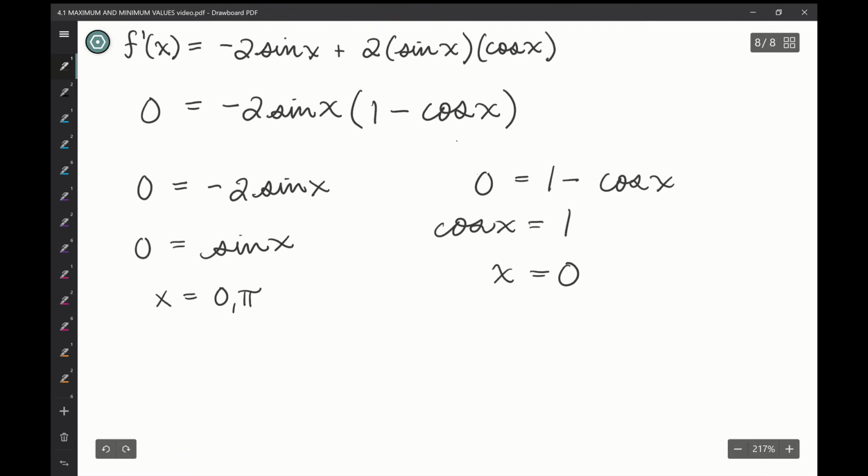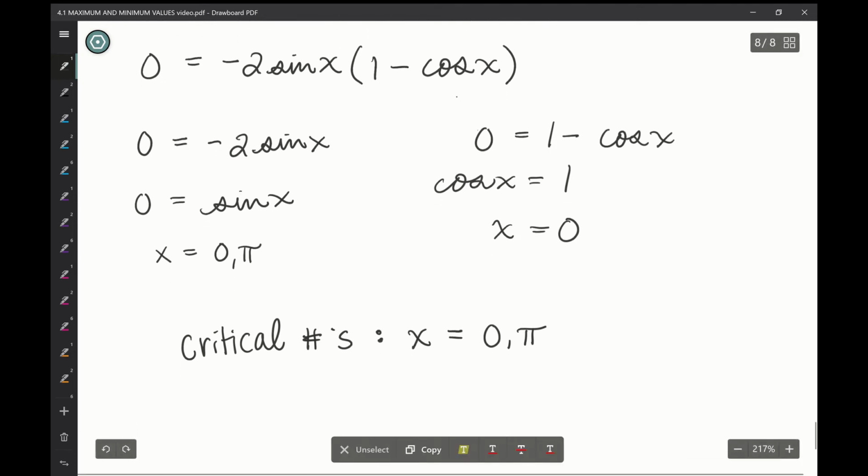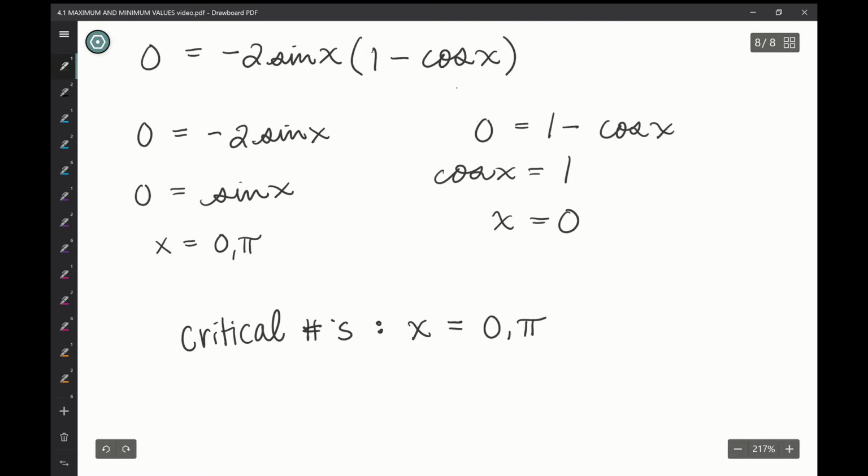This is kind of interesting because our critical numbers are just 0 and pi. We got the same numbers from our endpoints as we did from checking where our derivative is equal to 0 or undefined.